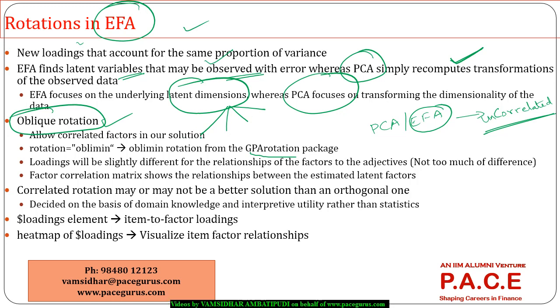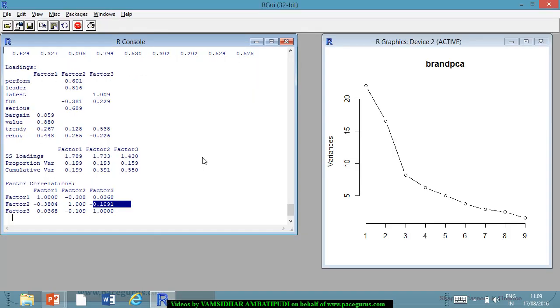You don't find too much of a difference. Your final decisions will not change that heavily just by changing the rotation mechanism. They'll be slightly different. The loadings will have a slight difference, and even the correlation matrix that you are seeing on the factors says that these factors are not fully independent.